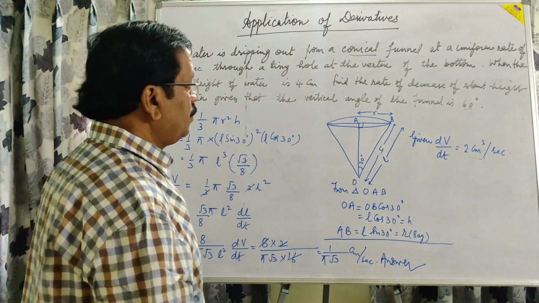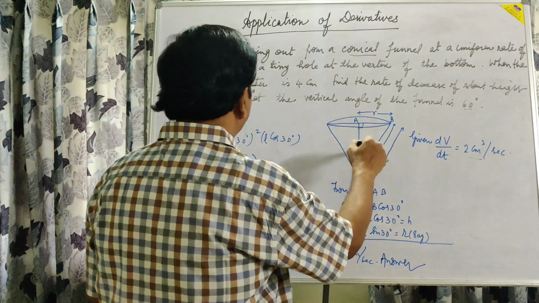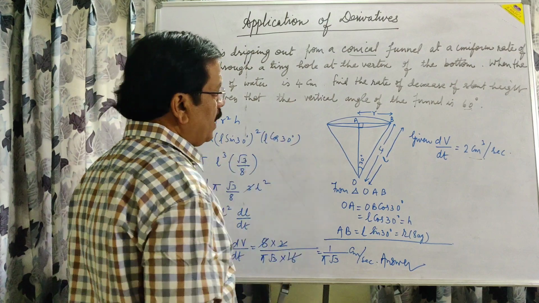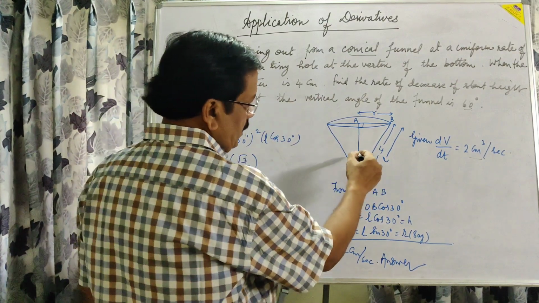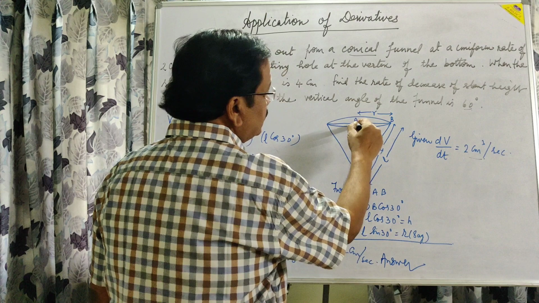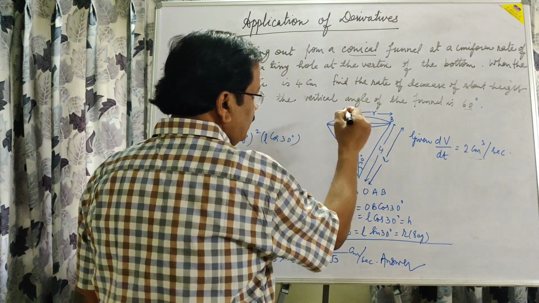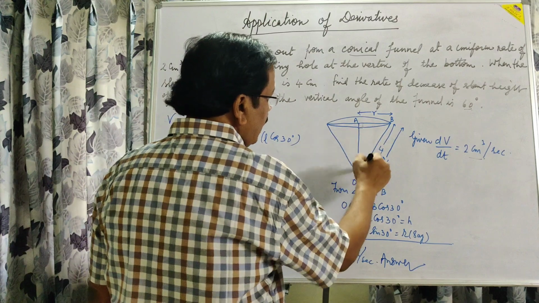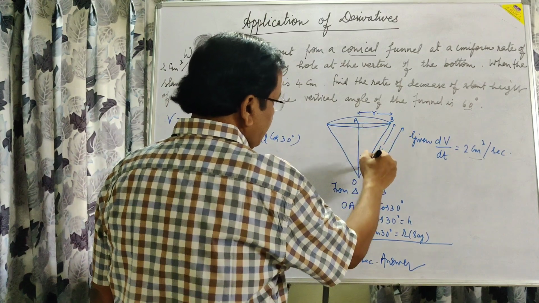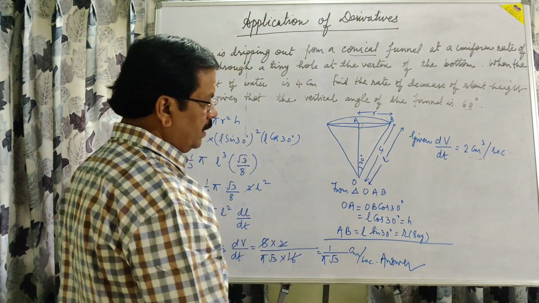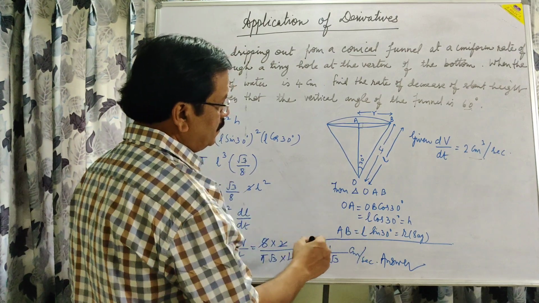Now we know the volume of this cone is 1 by 3 pi r square h. Since this is a right circular cone, and this angle is 90 degree, in this right angle triangle, this is taken as slant height L, which is already given as 4, we will substitute afterwards.